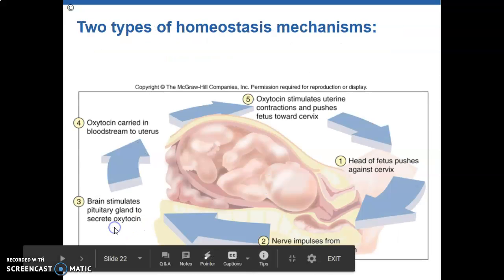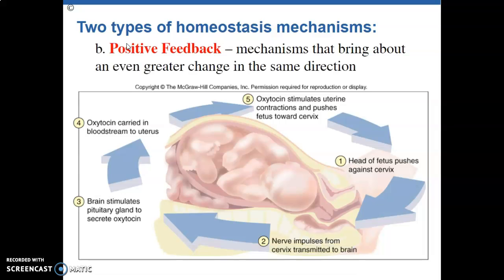That's very different than the next example, which has to do with what's called positive feedback. Positive feedback is this: mechanisms that bring about even greater change in the same direction. So do you see how with negative feedback, it brought a change back in the opposite direction, but with positive feedback, it's change in the same direction.